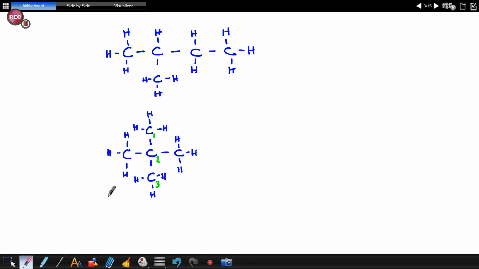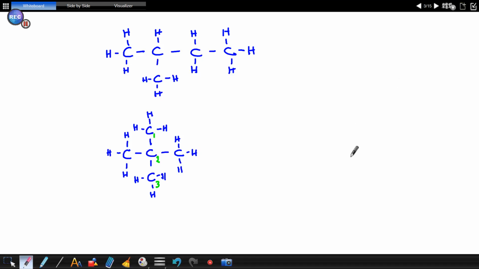You can count around the corners as well. If I count 1, 2, 3, it's still 3 carbons. It doesn't matter to which part of the molecule I'm looking. The longest chain is 3.